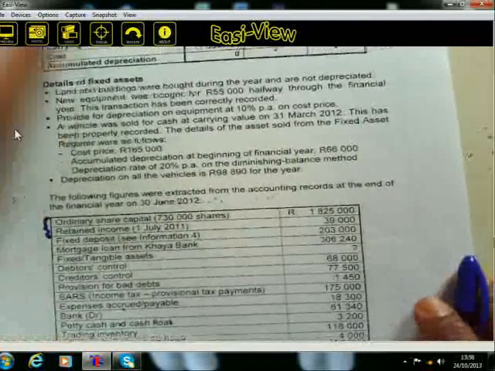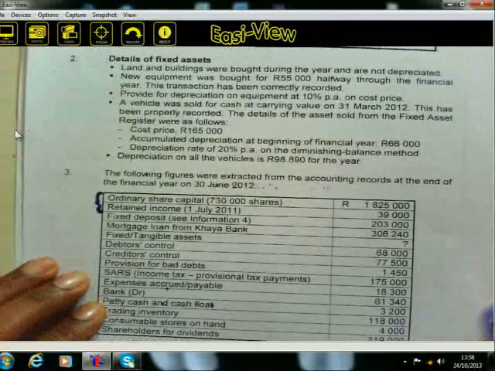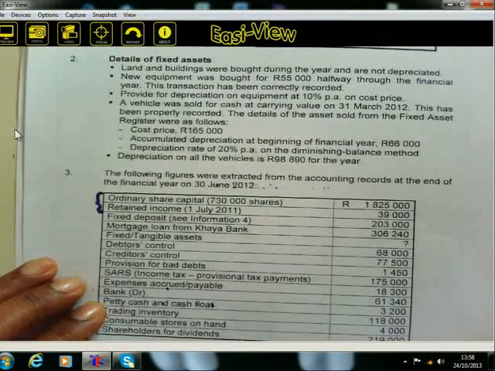So note number 1 is the one of the fixed asset, indicating how we should fill it in. And then details of fixed assets, number 2, we don't need it.